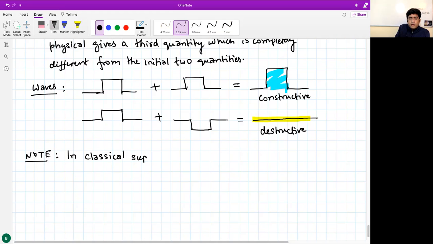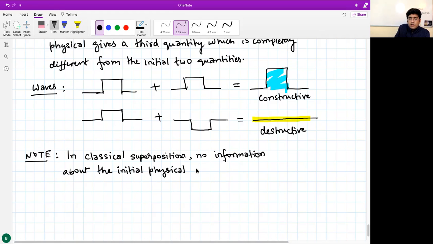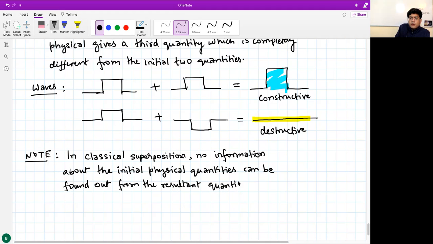So classical superposition: in classical superposition, no information about the initial physical quantities can be found out from the resultant quantity. We don't have any information about that.